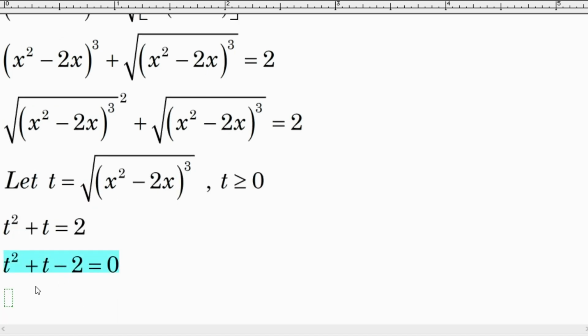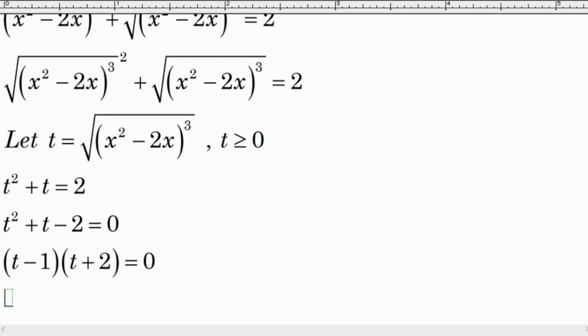We can solve it by factorizing, so we get two factors equal to 0. When two factors multiplied together equal 0, we can set each factor equal to 0. So we get t = 1 and t = −2. Now t = −2 is not accepted because t is greater than or equal to 0. So we take only t = 1.